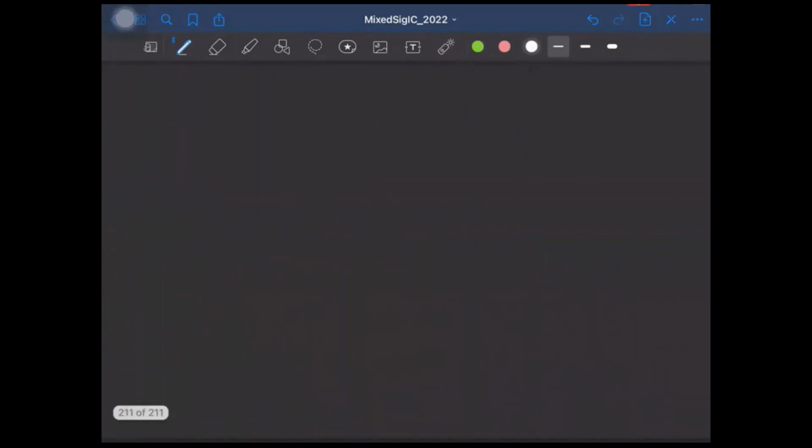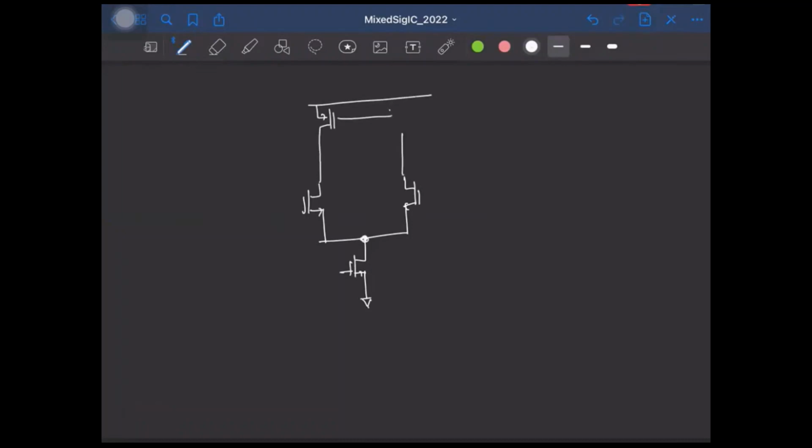The simplest architecture the OpAmp can take is a differential pair with a tail current source and with a PMOS current mirror load. This you would have seen in your microelectronics or analog circuits course.